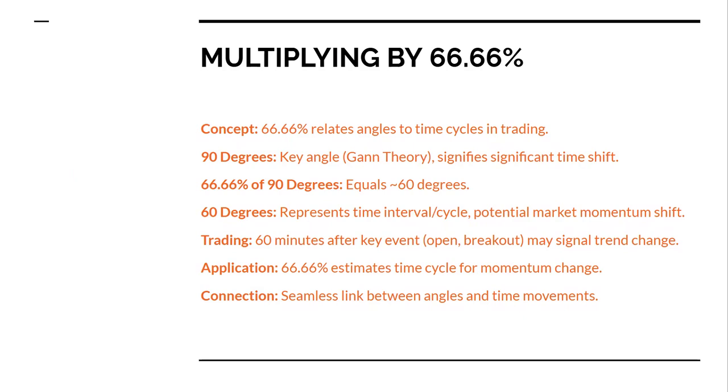For example, 90 degree is the key angle in Gann theory, which signifies a significant time shift. We are taking 66.66% of 90 degree, which is equivalent to 60 degree. Actually, 60 degree is a time interval or cycle where a potential market momentum shift will take place.